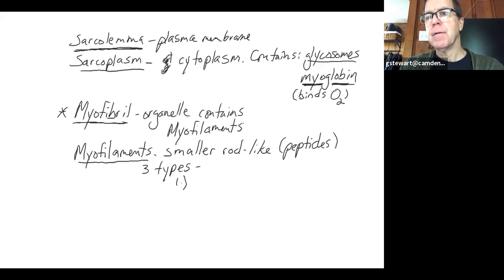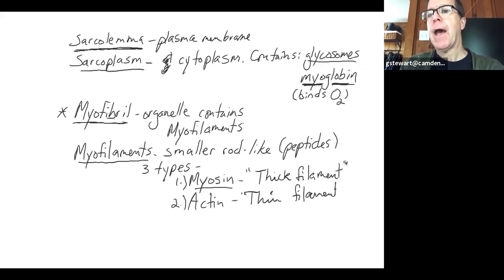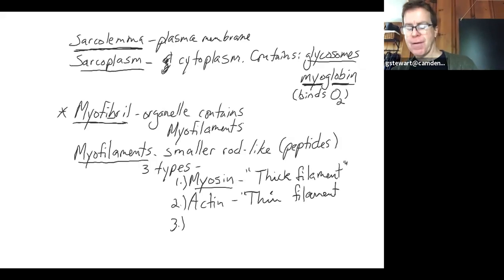There is myosin, which we call the thick filament. There is actin, A-C-T-I-N, which we call the thin filament. And there's a third one that doesn't get much press or much advertising.